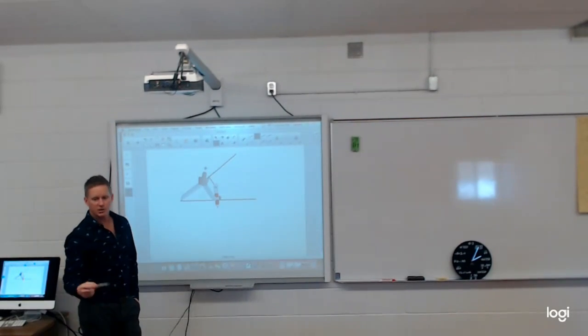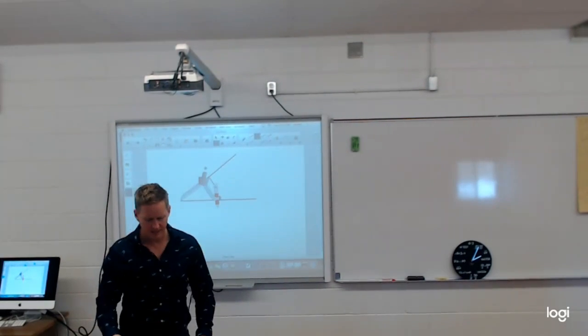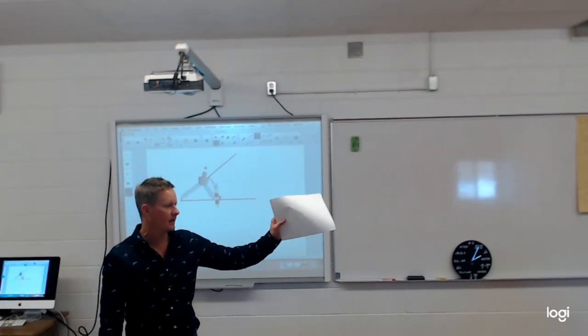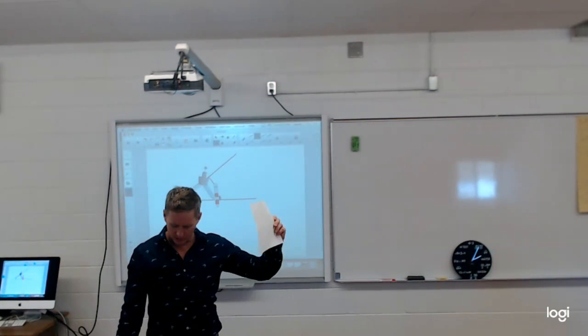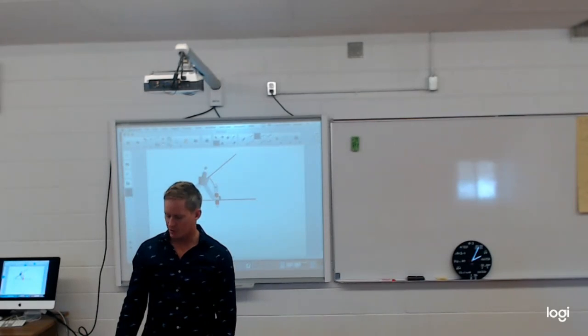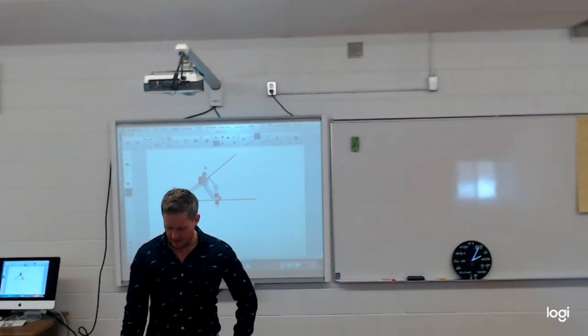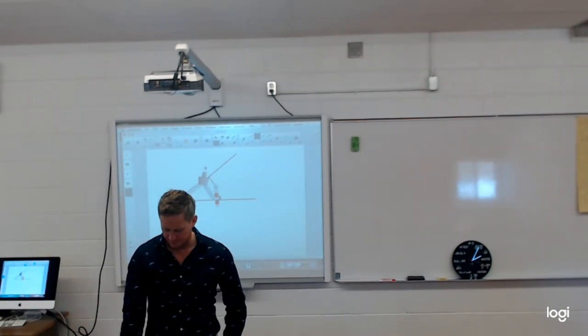Okay, so just draw a line. Take that other piece of paper that you had that I was working on, and let's do it on there. So just draw an angle. Make it fairly large so we can go through this.